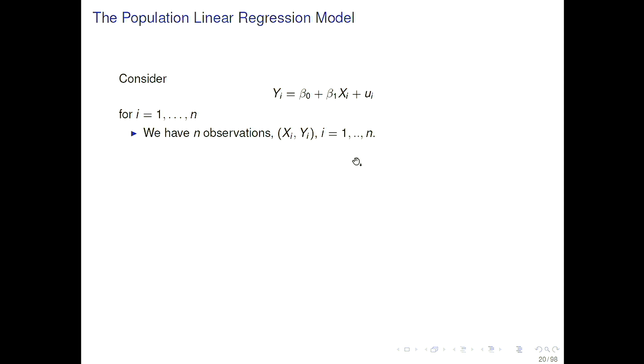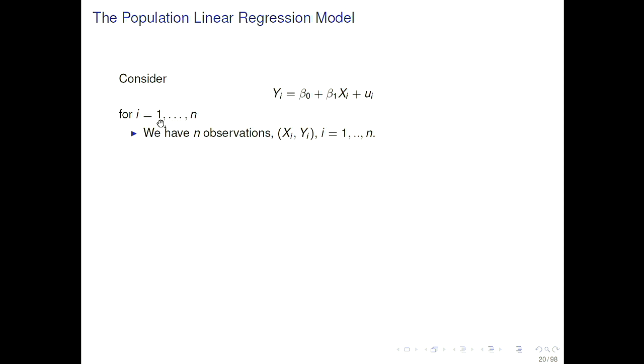More generally, the regression function can be written in this way. We have left-hand side variable y and x variable on the right-hand side. Let me define them one by one. i is the index for individual. 1 means the first observation in our sample, in our data set.